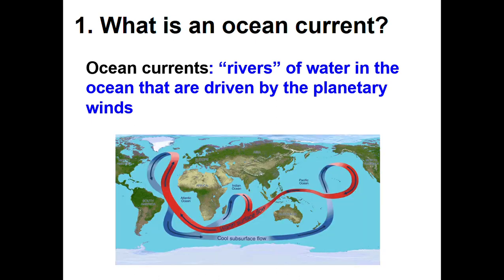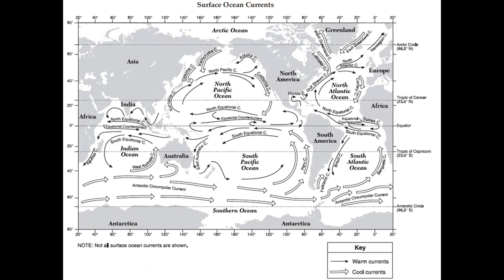All right, it looks something like this, but there is a much better picture in your reference tables. This is on page 4 of your reference tables. You can see that it is divided into warm currents, which are represented by a black arrow, and cool currents, which are represented by a white arrow.